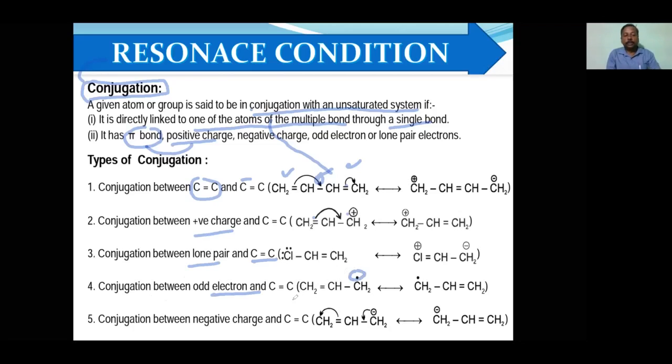Next, conjugation between negative charge. So first it can be between two pi bonds, pi and positive, pi and negative, pi and odd electron, and lone pair of electrons. Note down this, then we will go further.